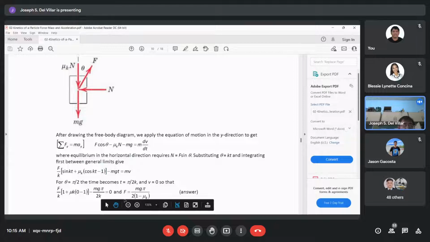Yun yung sa problem na yun, sa sample problem. And then for theta is equal to 90 degrees, the time becomes t is equal to pi over 2k, and v is equal to 0. Okay? So that F over k times the quantity 1 plus mu k times 0 minus 1.